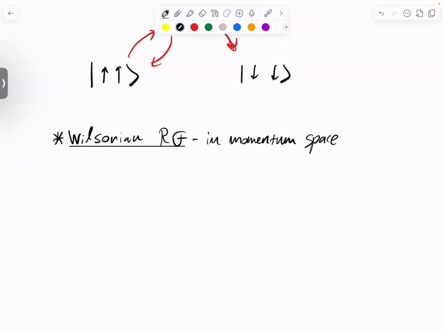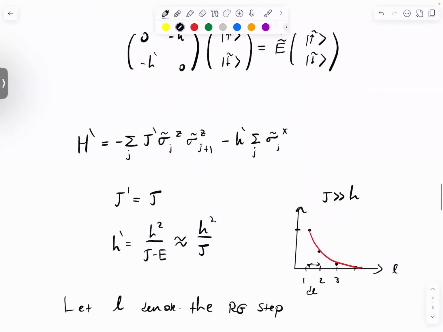Yes, what's the question? I'm not sure where in our analysis in the example we assumed that we are doing RG in the region J is much bigger than H. When exactly did we do it?